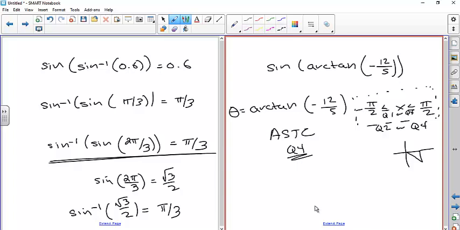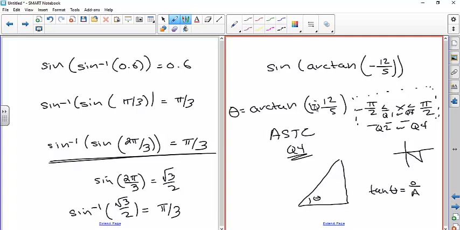Okay, so use the sign of this as well as the requirements for the range of the function to define which quadrant you're in. And then you can make up a right triangle with just positive lengths. So in this case, we're dealing with the tangent. Tangent of theta is opposite over adjacent.